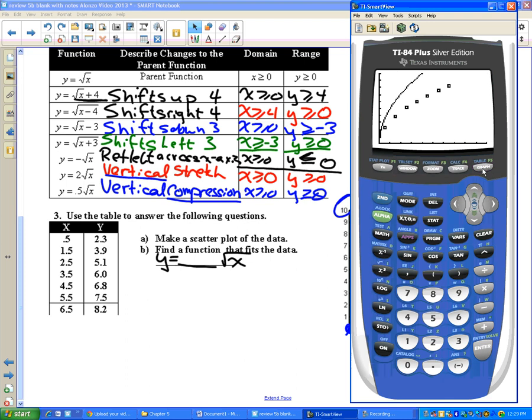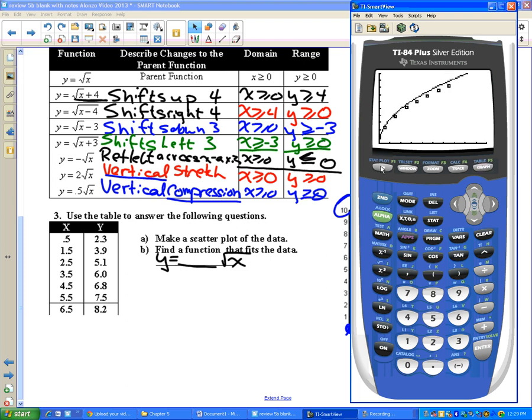Now, I don't want to cut it in half, so let's try 4 square root of X. Still too big. Okay, let's try 3 square root of X. Too small. So then let's go to 1 decimal place. I'm going to scoot over here, and I'm going to hit second delete to insert, and I'm going to insert 0.5.